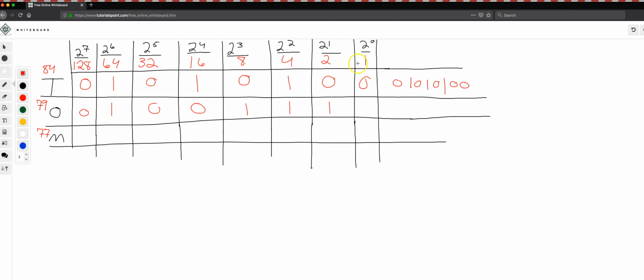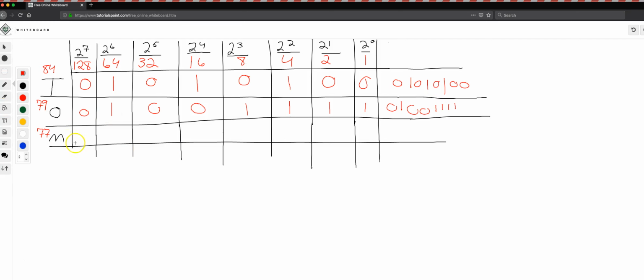And then 78 plus 1 is 79. So for the capital letter O, all these bits represent the byte for it, so it would be 0, 1, 0, 0, 1, 1, 1, 1. And that represents the capital letter O in binary.